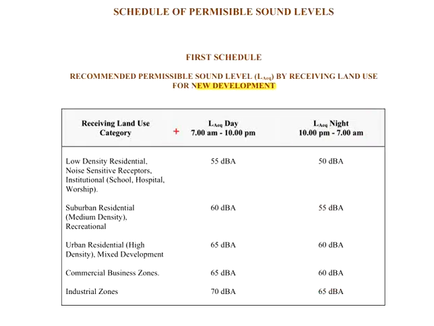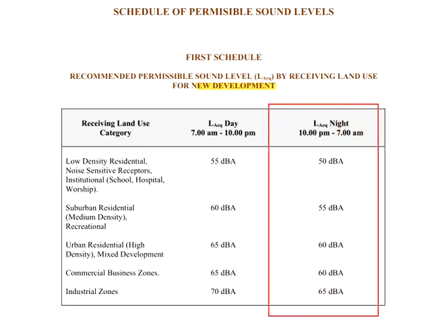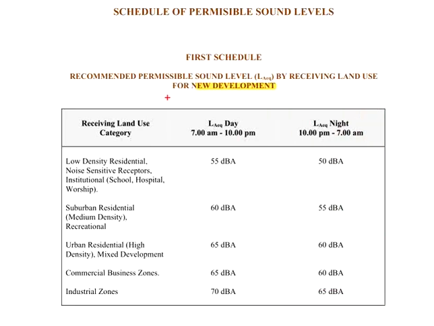Specifically, between 7 a.m. to 10 p.m. and between 10 p.m. to 7 a.m. What you see here is the permissible sound level. For the nighttime, it will be slightly lower than the daytime in general.